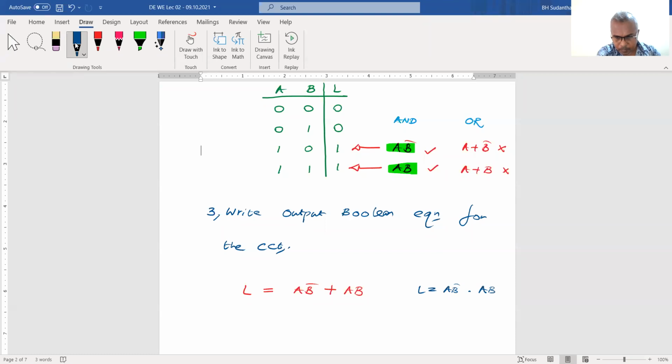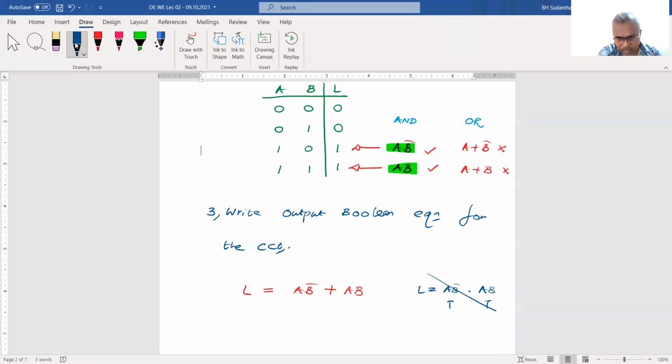Then this should be true and this should be true, and only then L will be 1. But this will never happen. Why? When A is open and B is closed, how can these two combinations be true at the same time? It's not possible. Because of that, we can't do this.